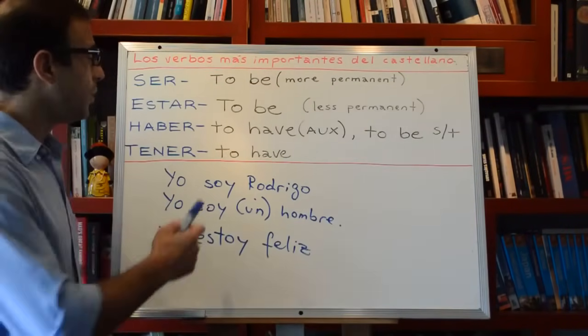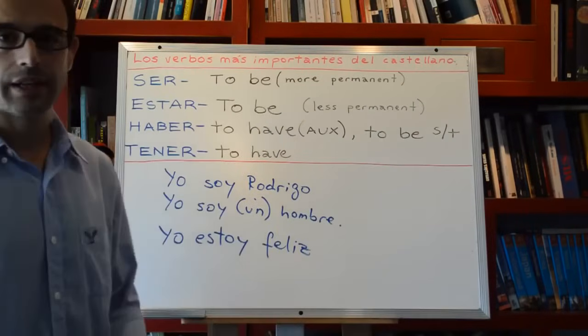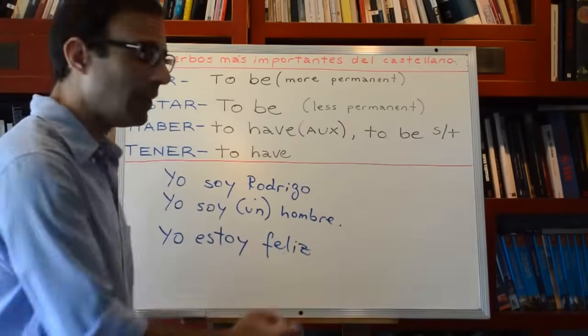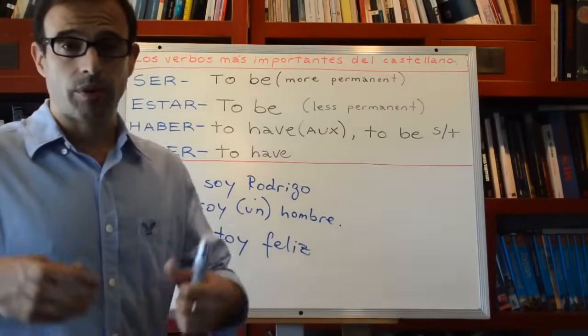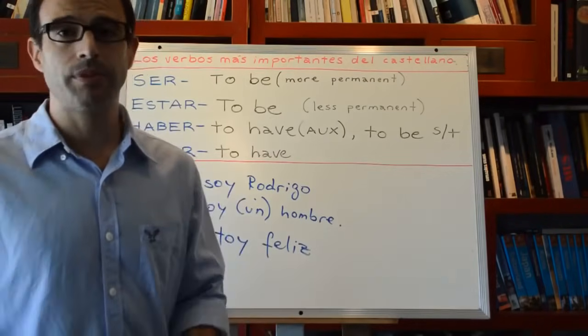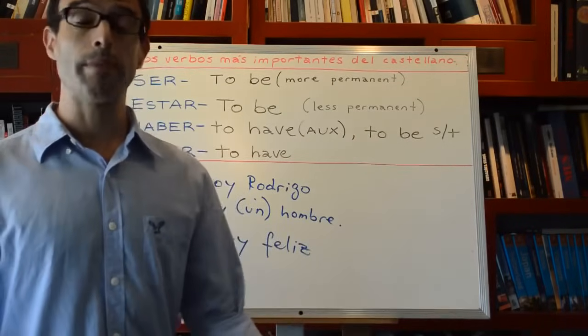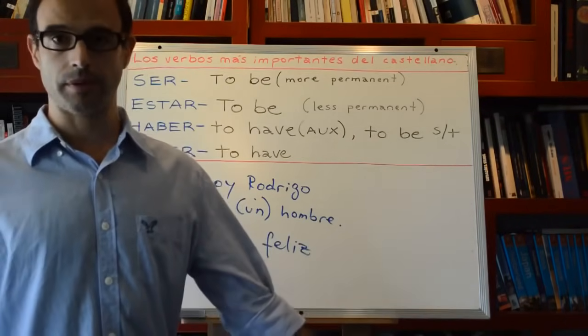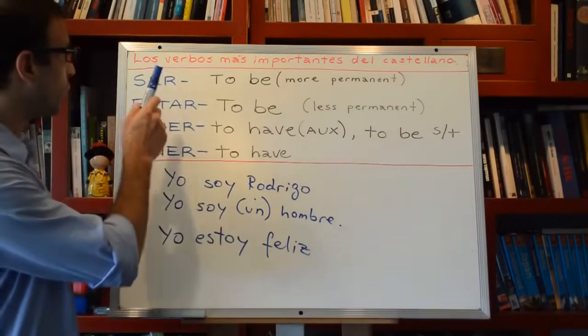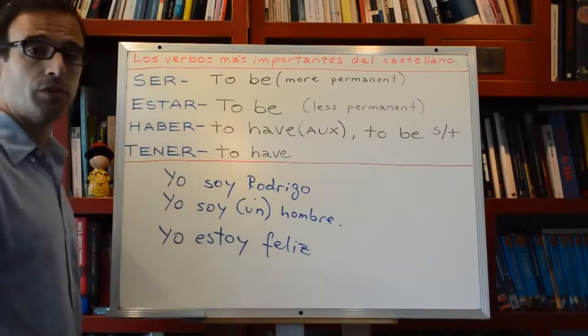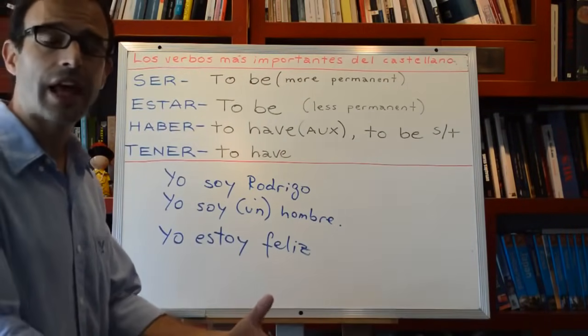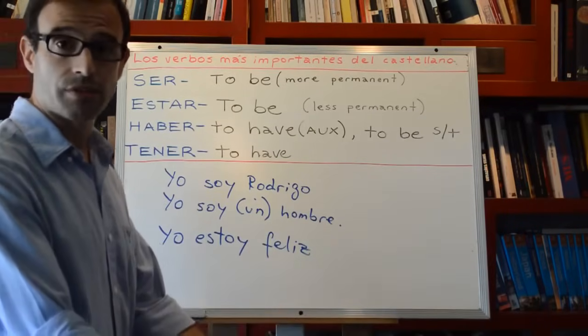Yo estoy feliz. I can say yo soy feliz. If I say yo soy feliz, instead of saying that right now I am happy, I'm implying that I'm usually or I'm always a happy man, okay? Why? Because the verb ser is used for something permanent that doesn't have changes, okay?